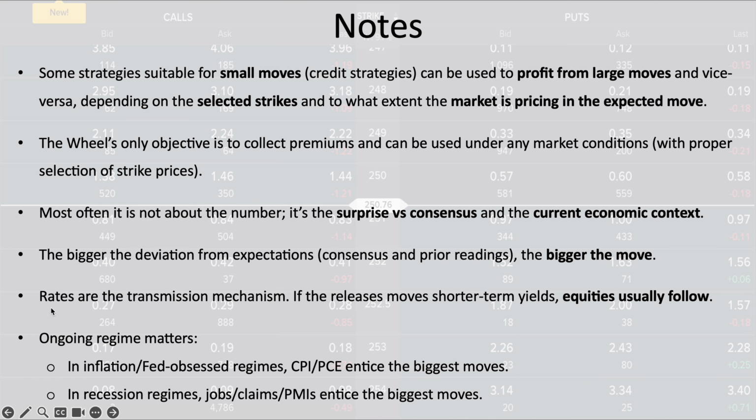Again, as I mentioned many times when I was explaining the indicators, the rates are a transmission mechanism, all right? And so if the release moves short-term yields, equities usually follow, all right? This is pretty much a no-brainer.